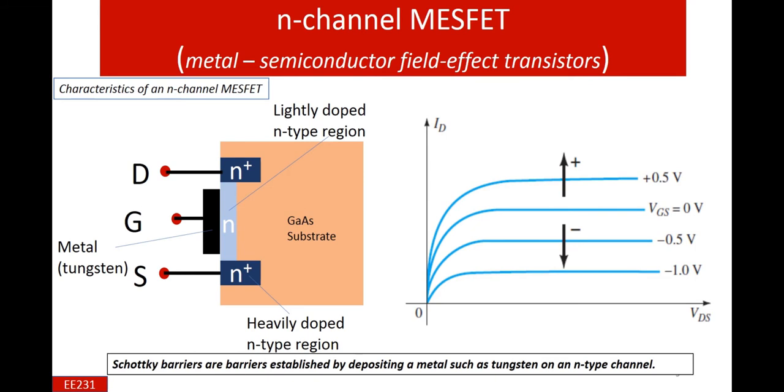This Schottky barrier is the main reason that makes the difference between the MOSFET and the MESFETs.